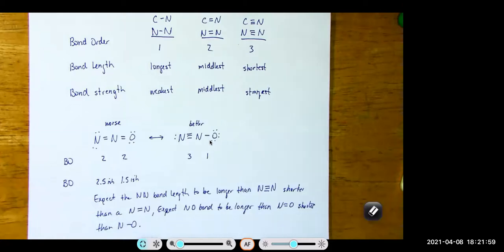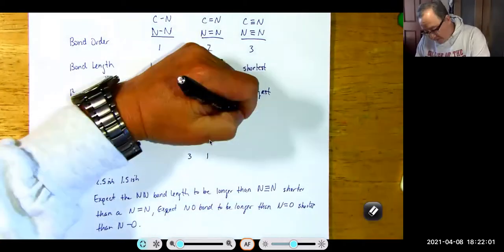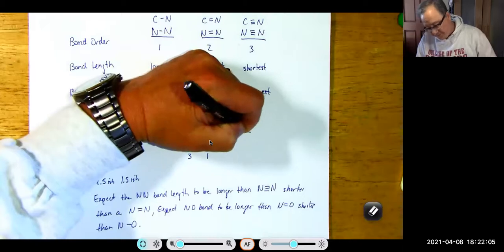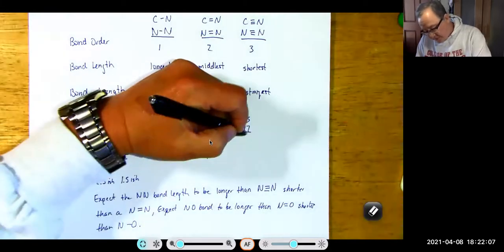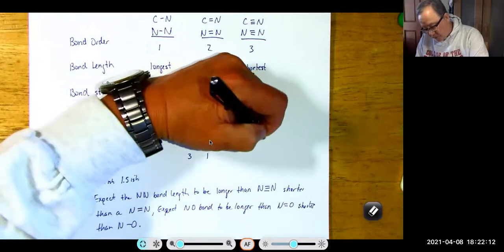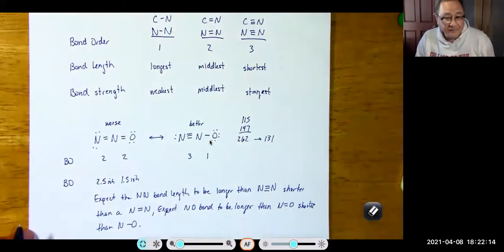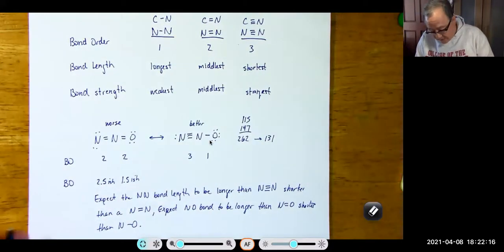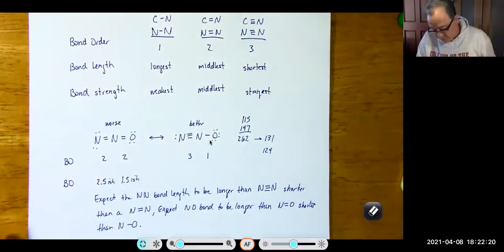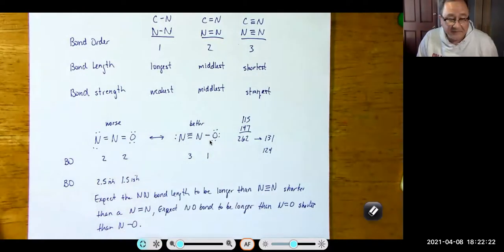Now, if we actually take the numbers, which I believe are 115 and 147, and add them together, you get 262. You end up with 131 as the average. And the actual bond length here, I think, is 124, which is clearly closer to 115.